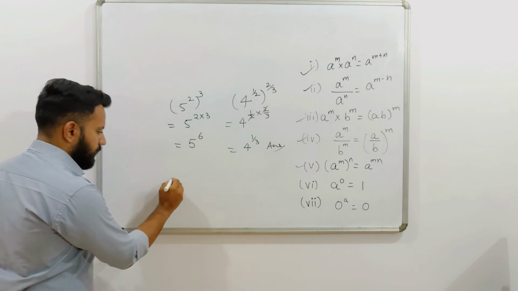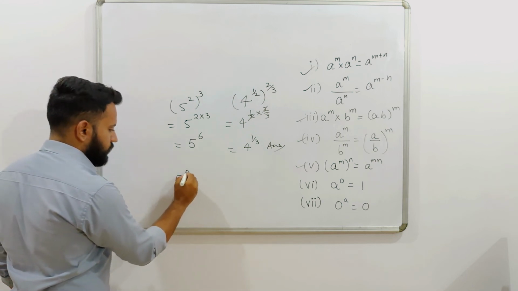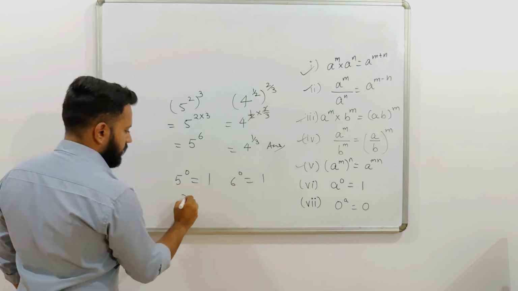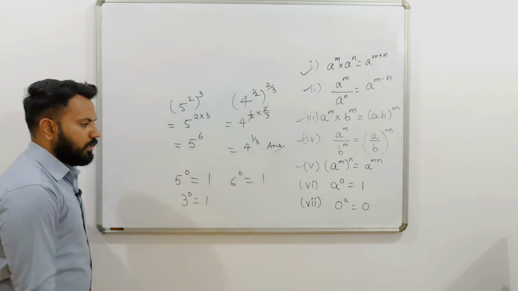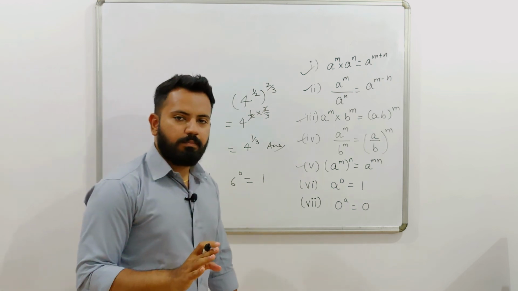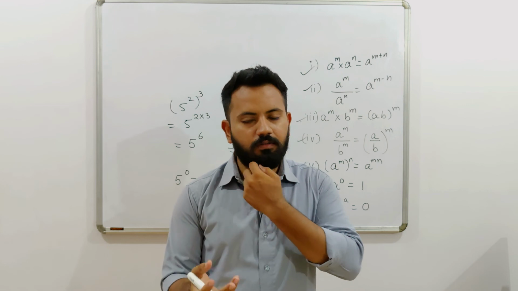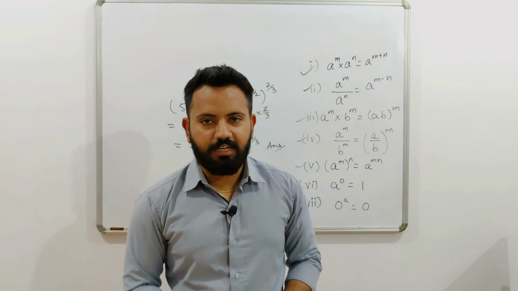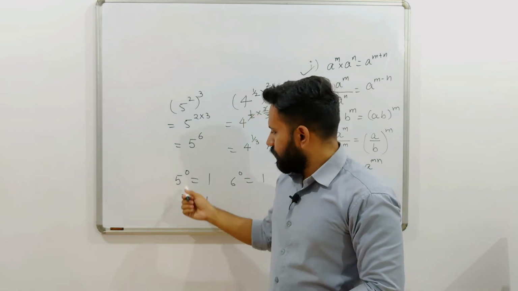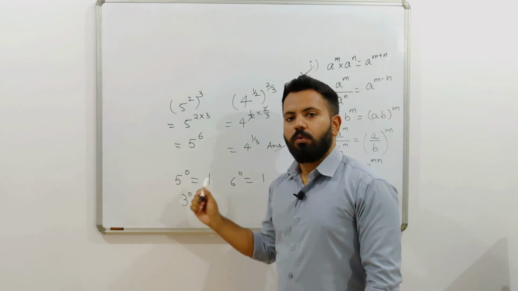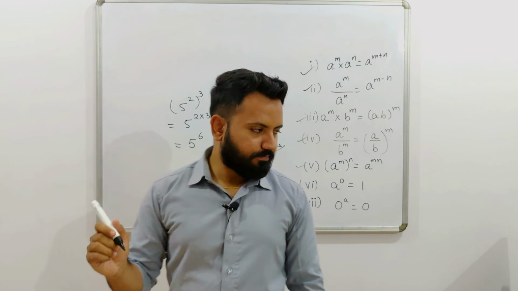That is, any number raised to 0, 5 raised to 0 is 1, 6 raised to 0 is also 1, 3 raised to 0 is also 1. So basically any number, be it a fraction or natural number, integer or negative numbers, that is the negative integers, if those numbers are raised to the 0 power, then their answer will always be 1. You need to remember that.